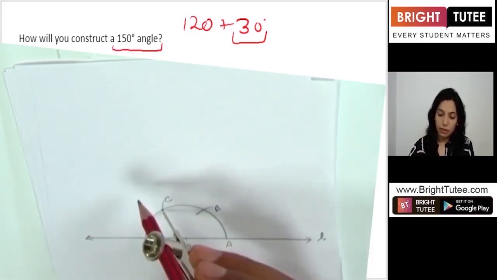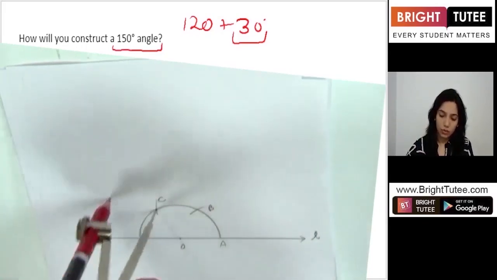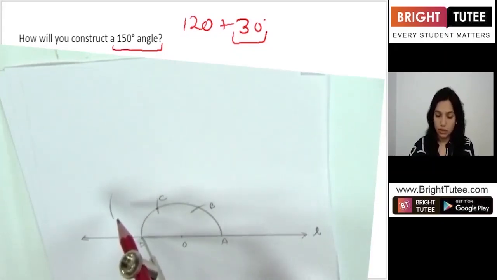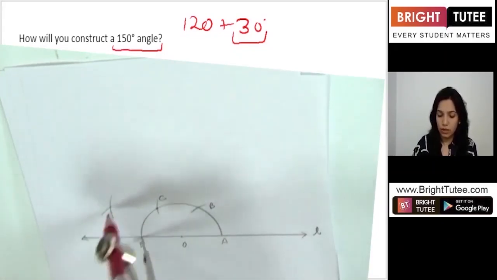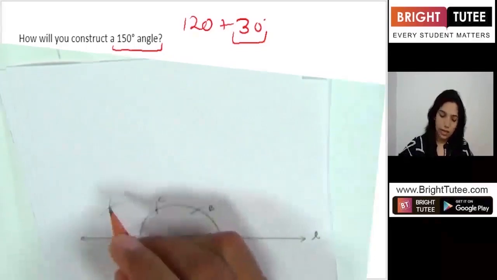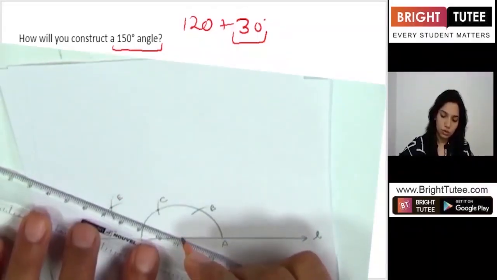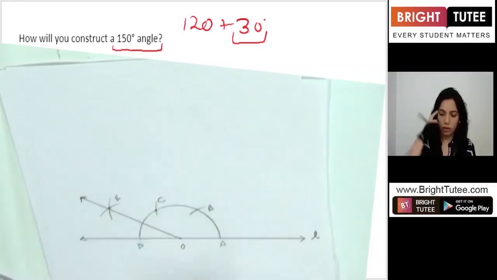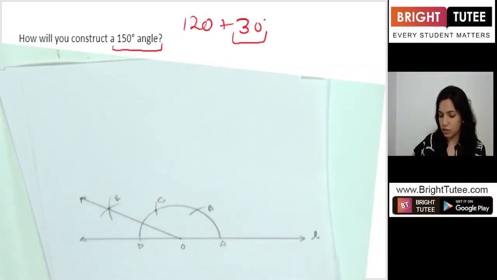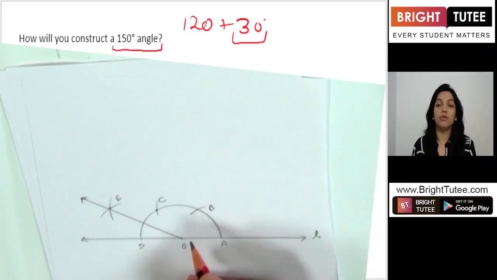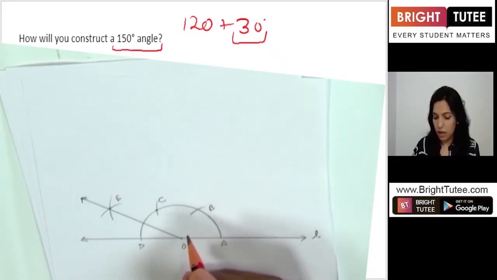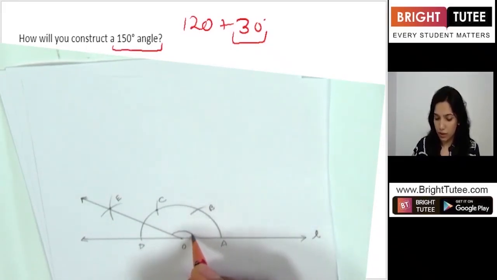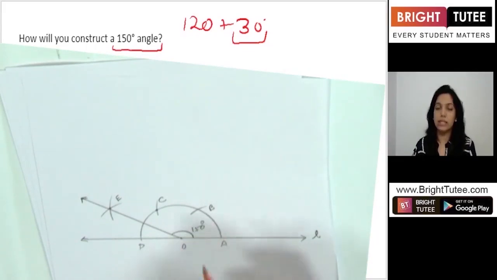Keeping the point at C, you make an arc over here. With the same radius, keeping the point at D, you make an arc over here. And then you just need to join this particular point to the point O. Okay, so this line got slanted a bit here. So when you join this, this particular angle that you have got is angle 150 degrees.